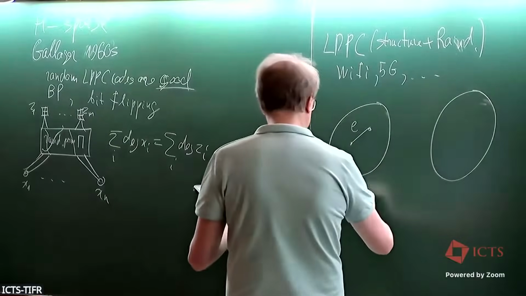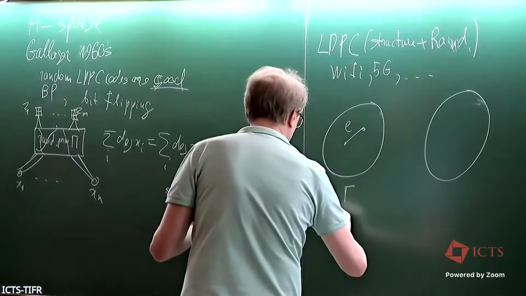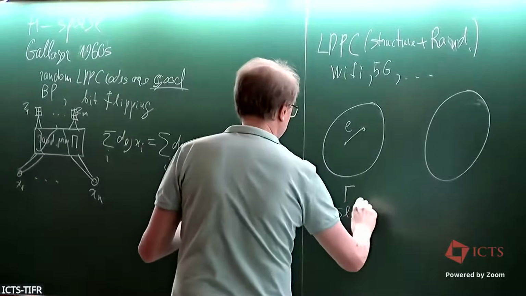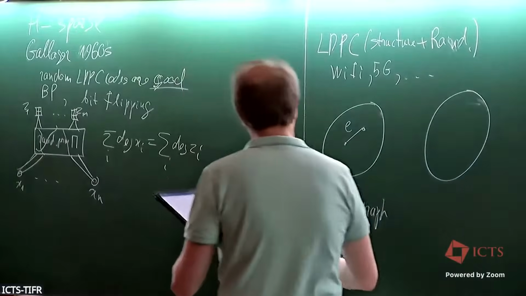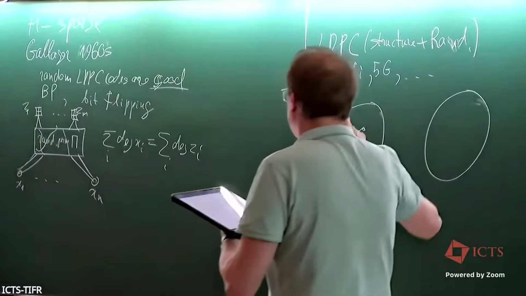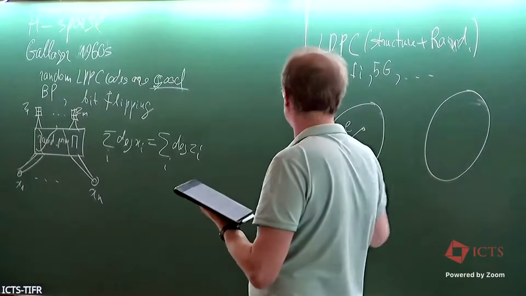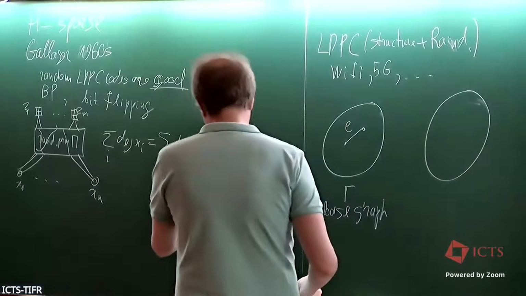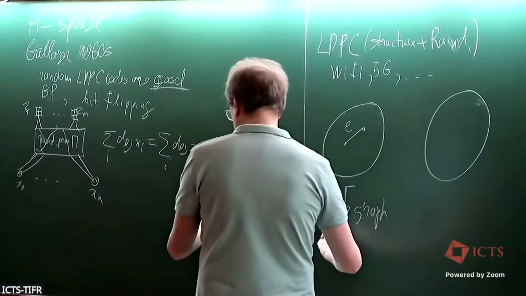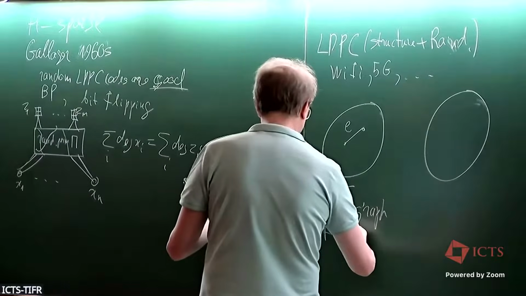So we start with a small graph, which is called the base graph. What we do is pick some orientation, so let us assume that all edges are oriented. We also fix some set that we call the fiber.